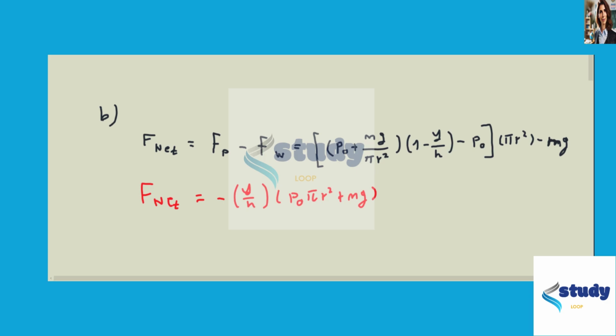We multiplied everything out, cancelled everything that can be cancelled, and then simply took the common multiplier outside of the brackets. And this is for part B of the problem.